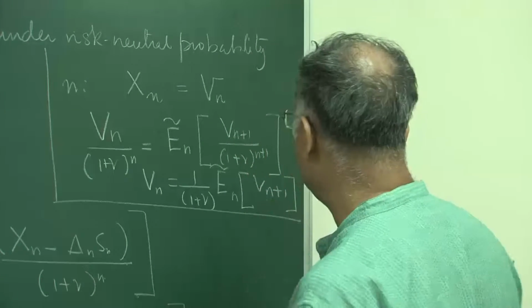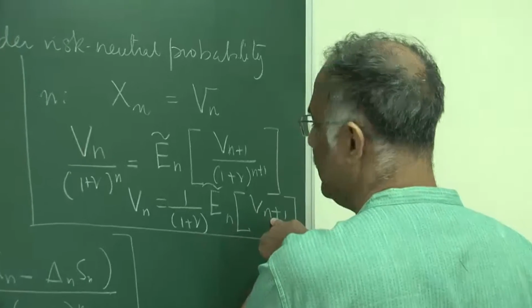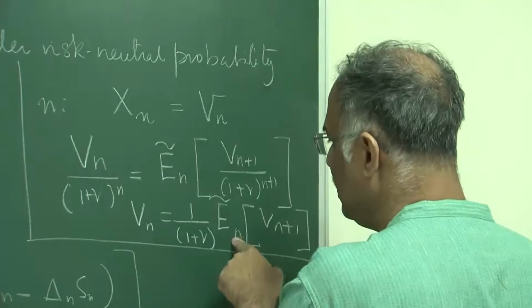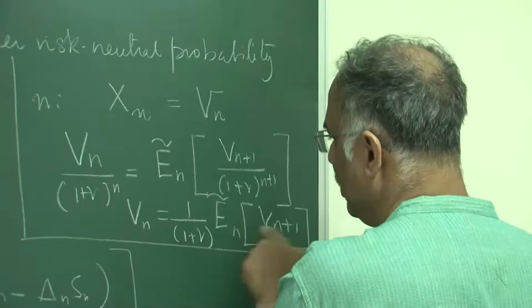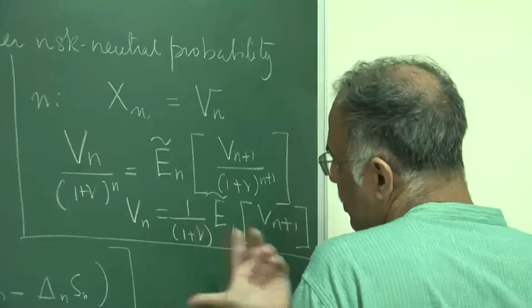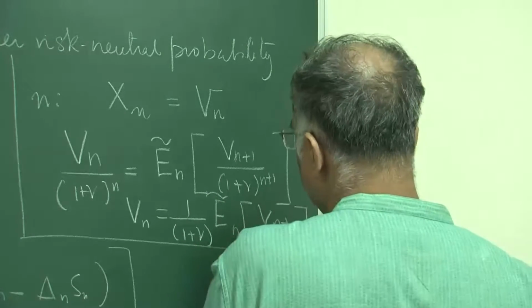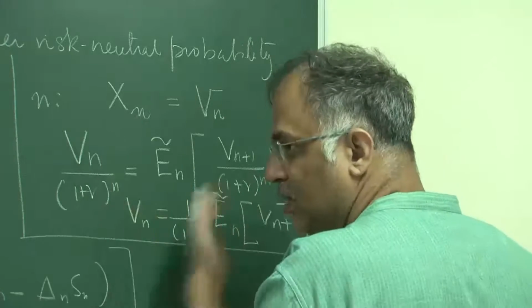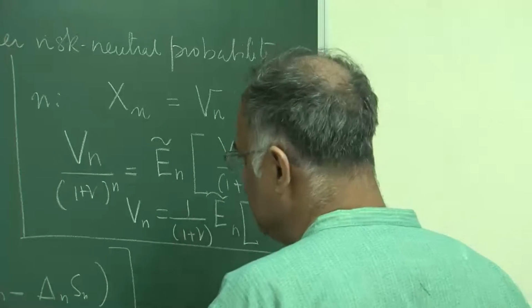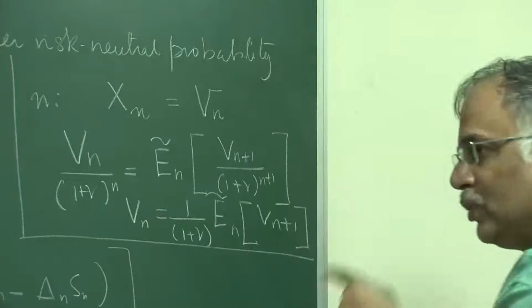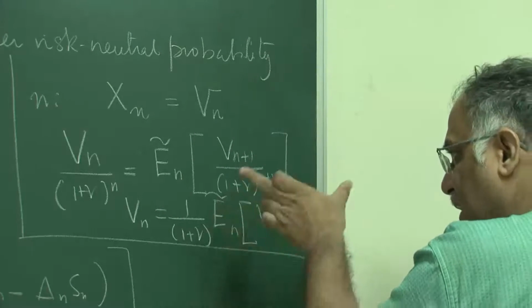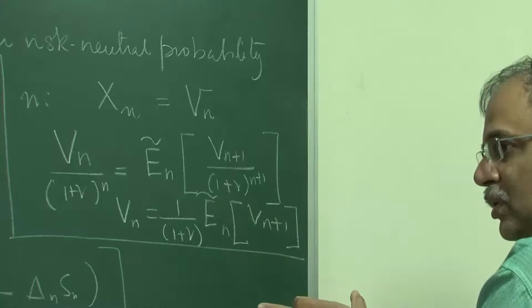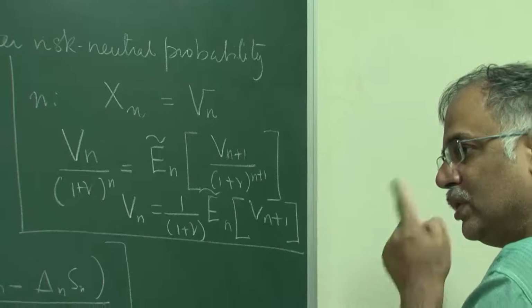If you put n equal to 0, it is V0, and E0 is the expectation of V1. Again V1 would be valued the same way, so you have to go back recursively. When we write this formula in continuous time, this whole process would actually generate the Black-Scholes model using probability theory.